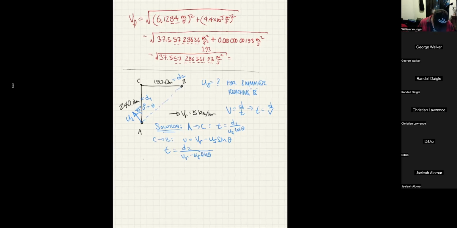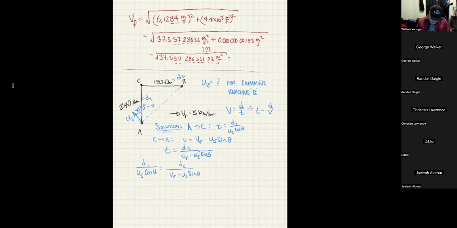So we can say D1 over U sub S sine theta is equal to D2 over V sub R minus U sub S. I wrote that wrong; this was supposed to be cosine over here. Hold on a second. Cosine theta, and this one will be sine theta.